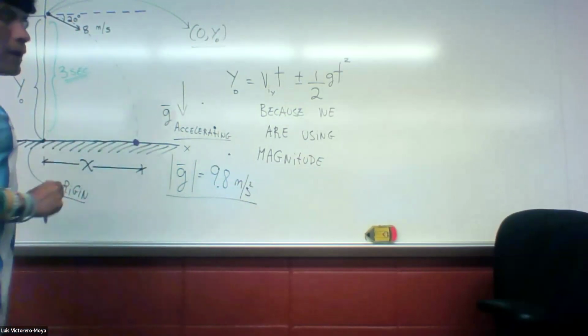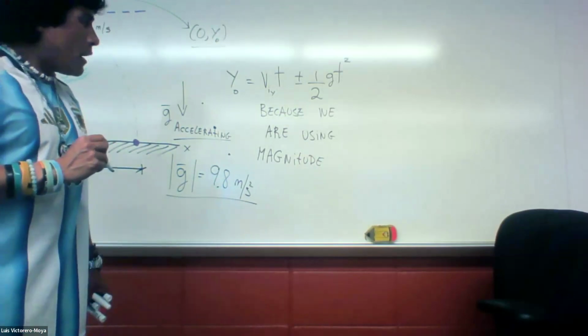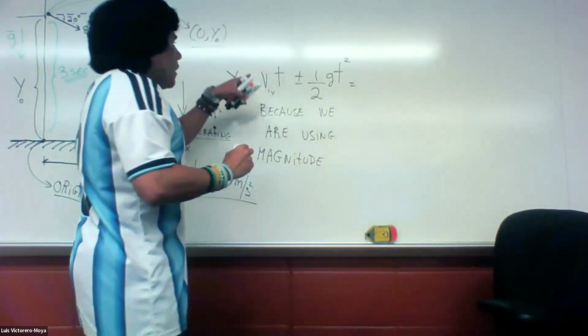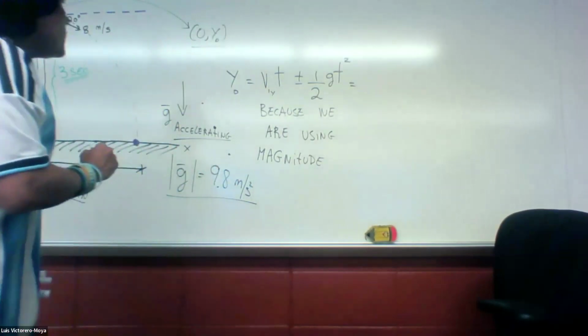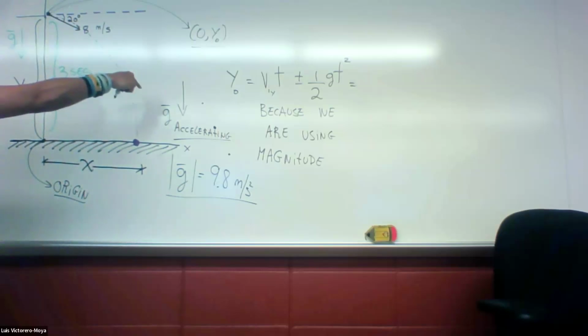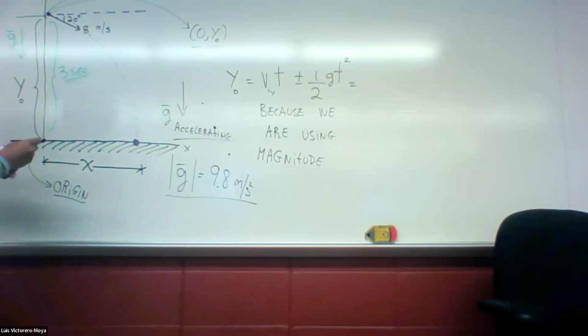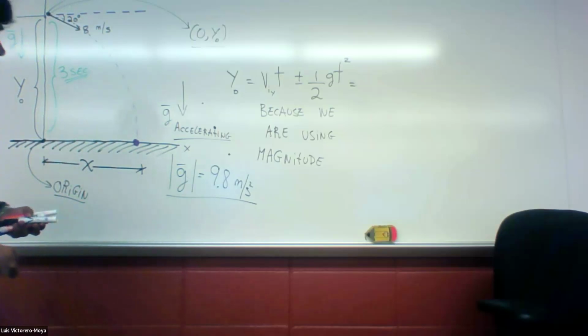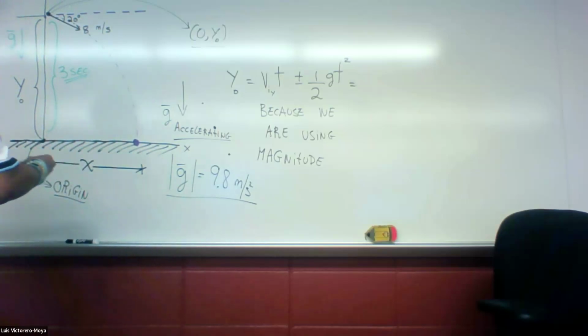So you take the absolute value. All right, so I can use this equation. V initial, okay, so what's the initial on Y? That's 8, but that's slanted, at an angle of 20. So I can break the velocity into components.